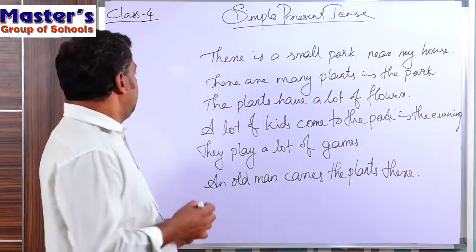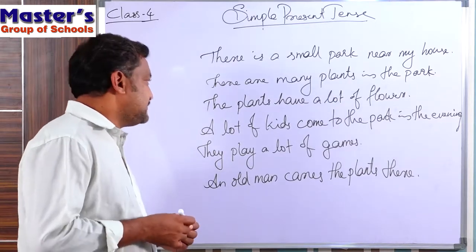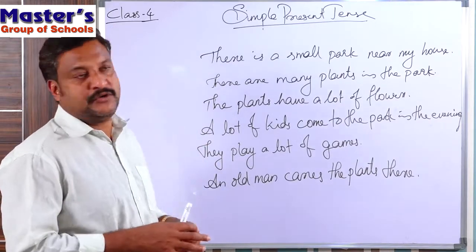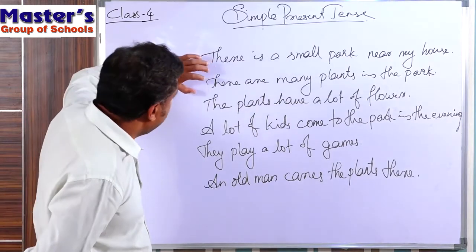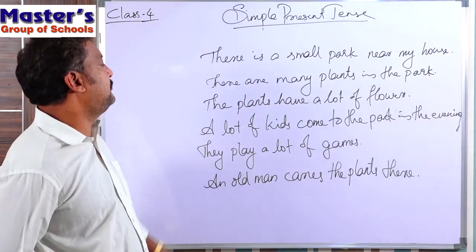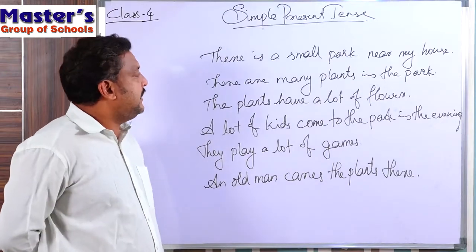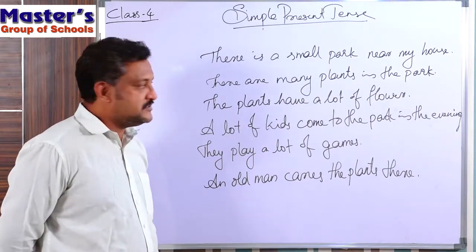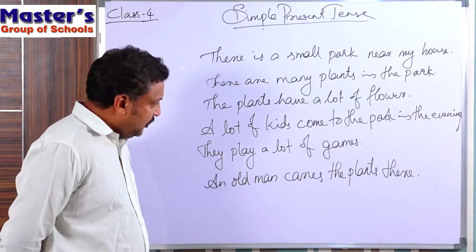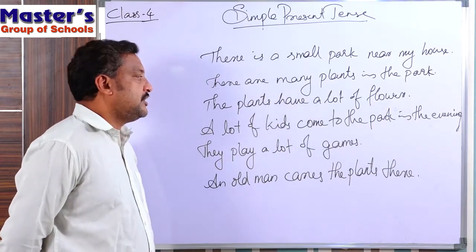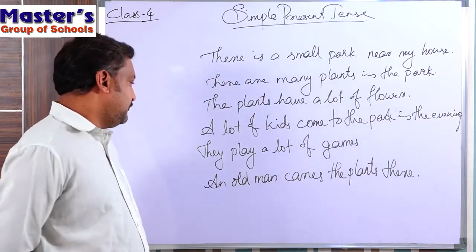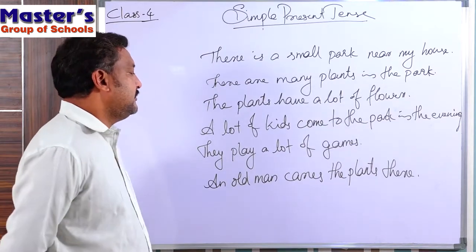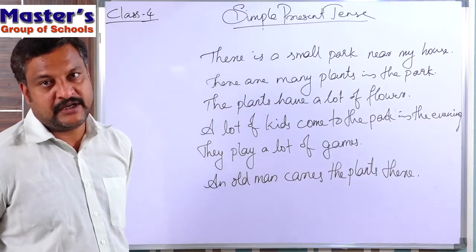Okay. So 1, 2, 3, 4, 5, 6 sentences I have written over here. There is a small park near my house. There are many plants in the park. The plants have a lot of flowers. A lot of kids come to the park in the evening. They play a lot of games. An old man cares the plants there, right?